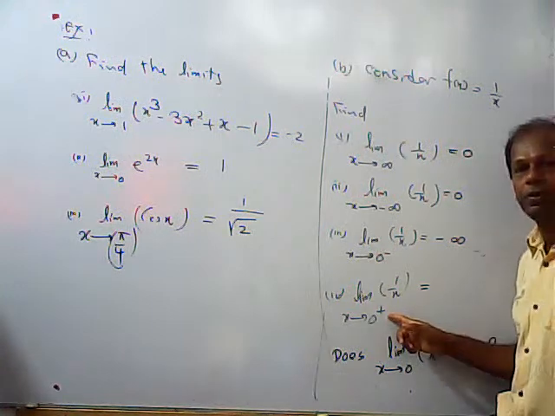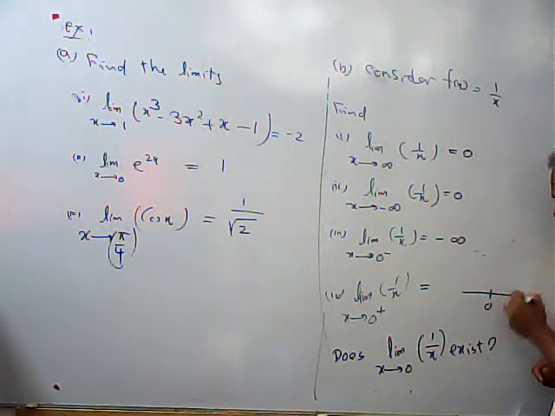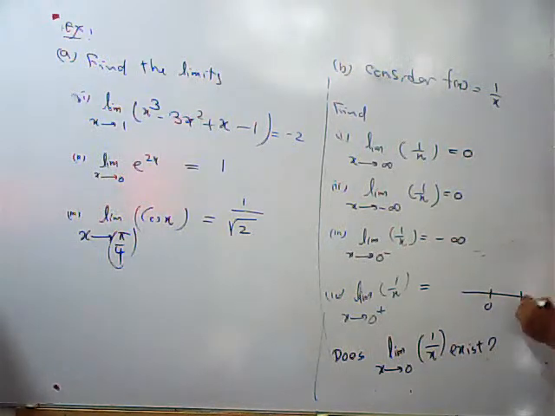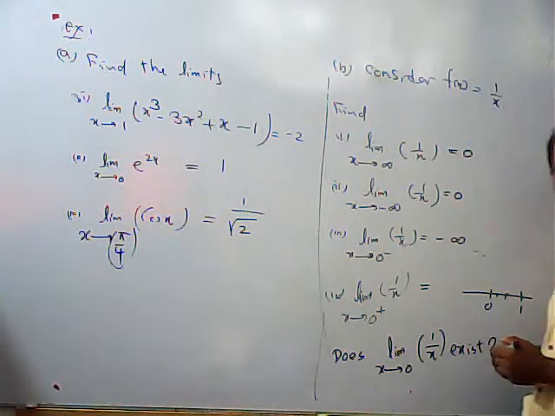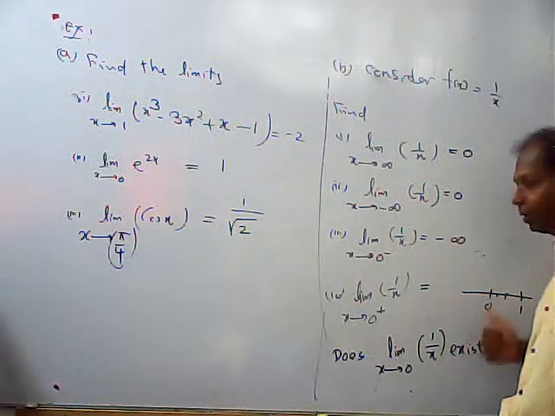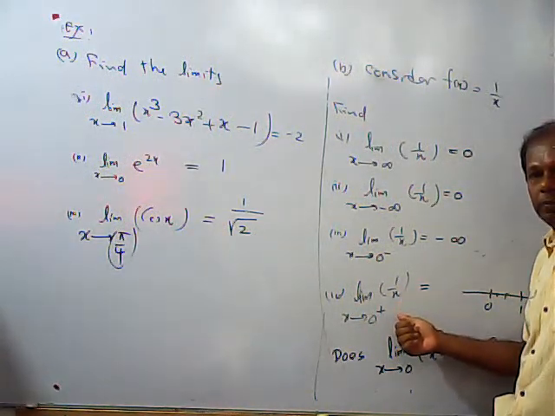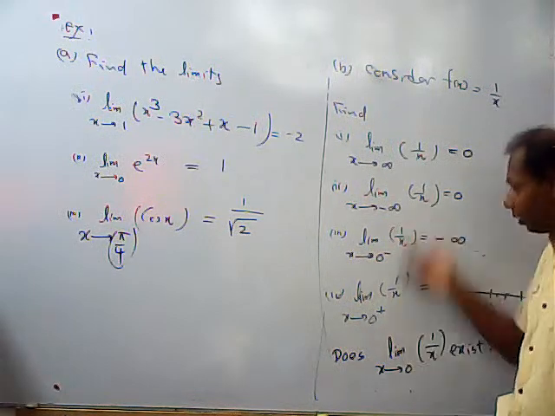As x goes to 0 from positive side, this time you are applying values, you are getting closer to 0 from positive side. What happens? As you are getting closer and closer and closer to 0, but this time from positive side, x is getting smaller positive values, there goes 1 over x.